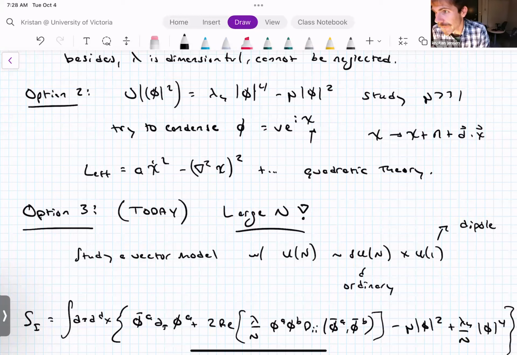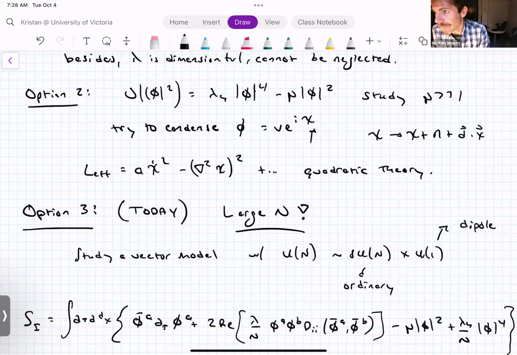That's not all. It turns out we didn't find just one solution, we found many solutions. And the reason for that is because of this dipole symmetry that I keep harping on about. Earlier I said the dipole symmetry acts as phi of t, x is shifted by a phase d dot x.